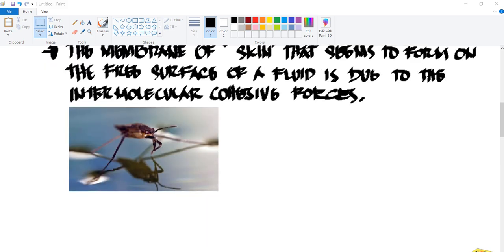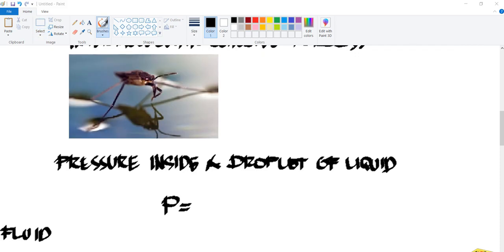This surface tension causes bubbles and droplets to take on a spherical shape, since any other shape would have more surface area per unit volume. The pressure inside a droplet of a liquid can be expressed with the equation P equals 4 times the surface tension divided by the diameter of the droplet.